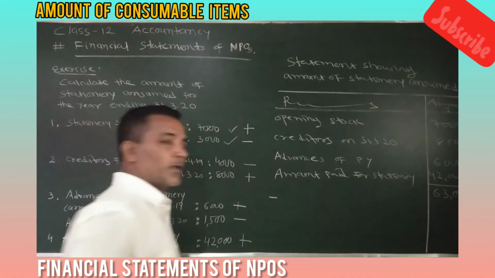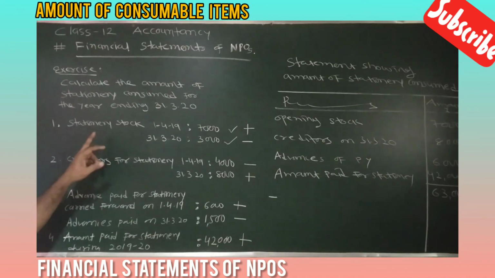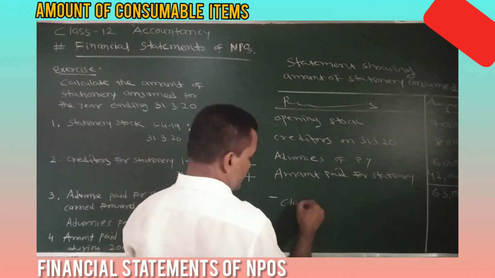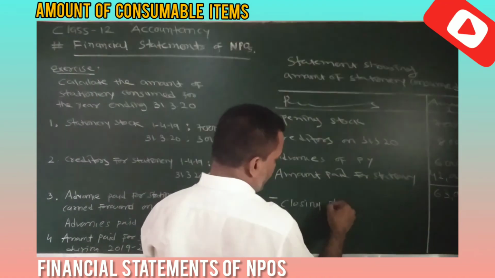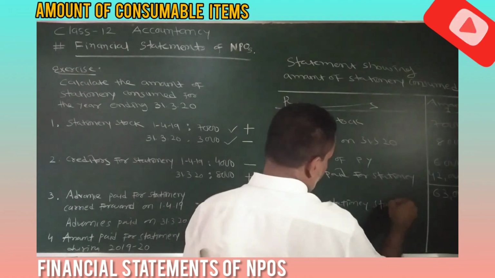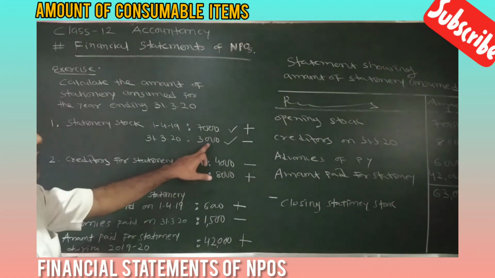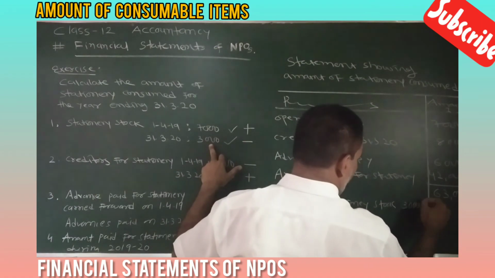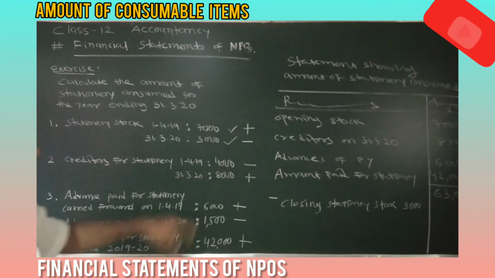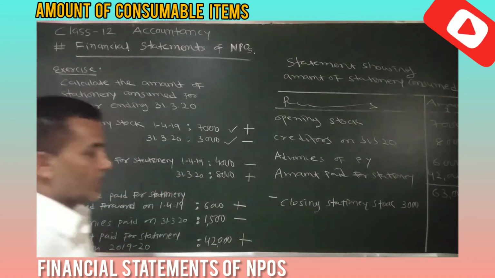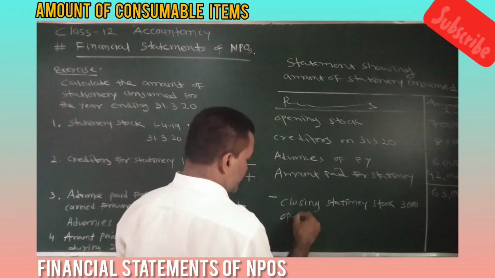From this, we have to minus. First, we will minus the closing stock of stationery. Closing stationery stock is given, rupees 3,000. You can write in the inner column, then the total we can minus. Then creditors. Opening creditors.